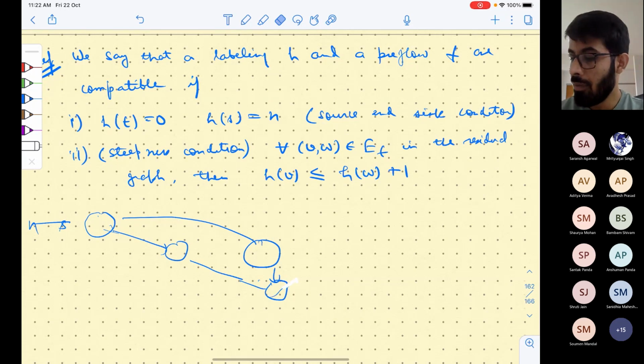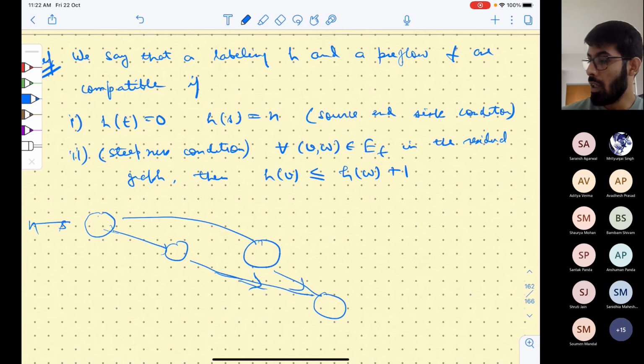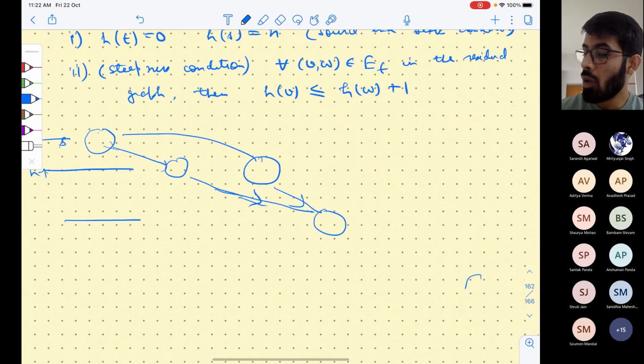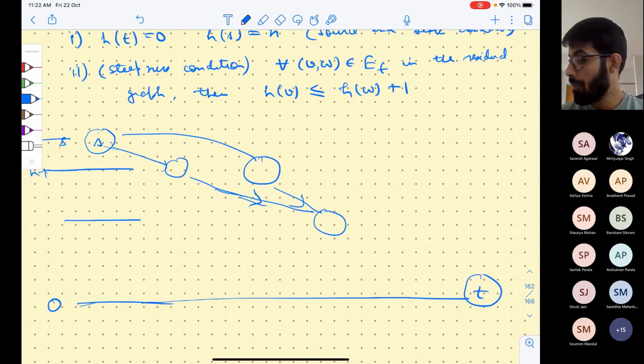These are different vertices, so you might have something like this, and something like this also, and so on. These are the heights, and you keep pushing, and at the bottom you have this t. So this is s, this is t, and this is level 0. So this is the idea.